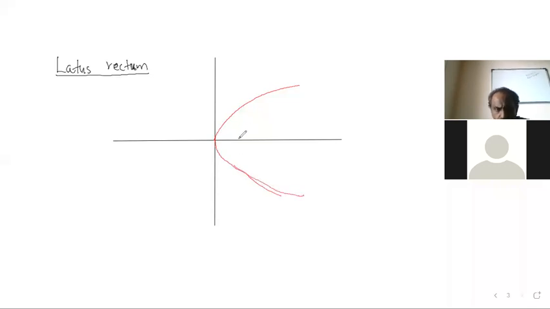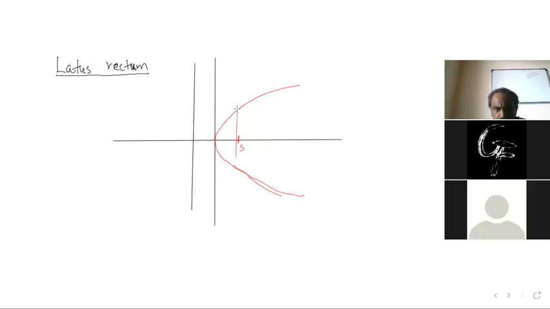And I'm marking the focus. I'm marking the directrix. Then I'm going to mark what is latus rectum. Wait, I'll just finish it, then you write. This is what I've drawn as latus rectum.